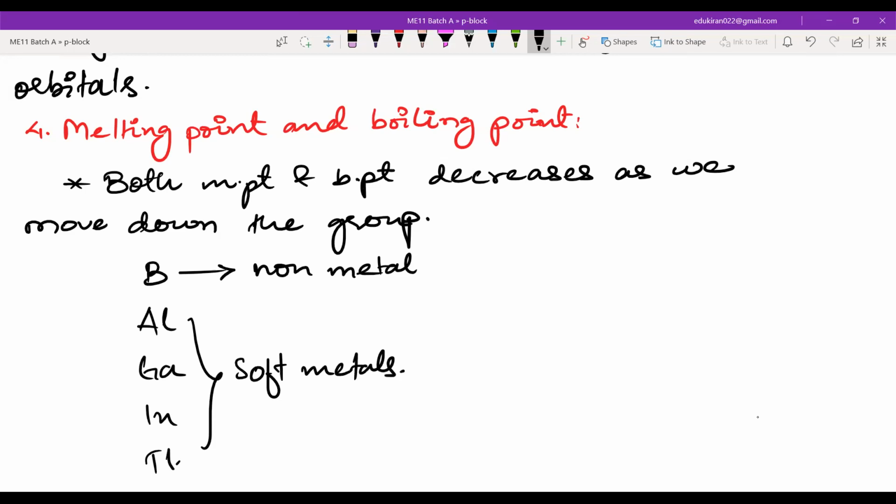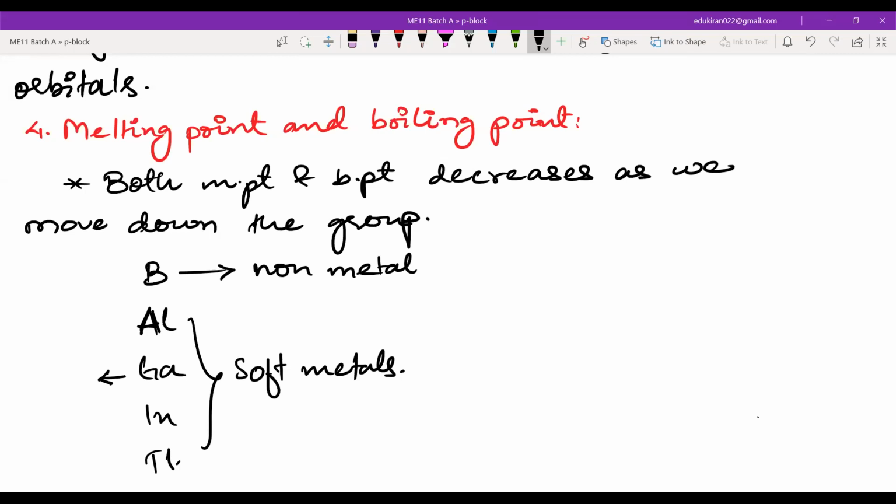Aluminium you have in your home also. If you exert a small force, it dents the aluminium. Gallium is so soft that it will melt in our hands only. So these are soft metals.